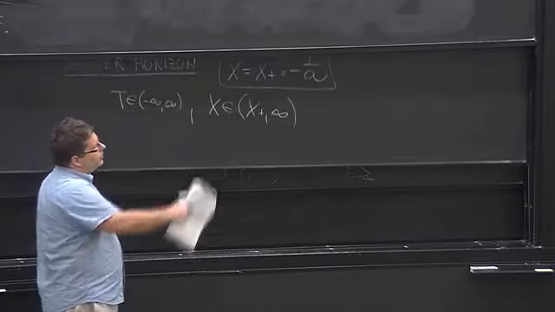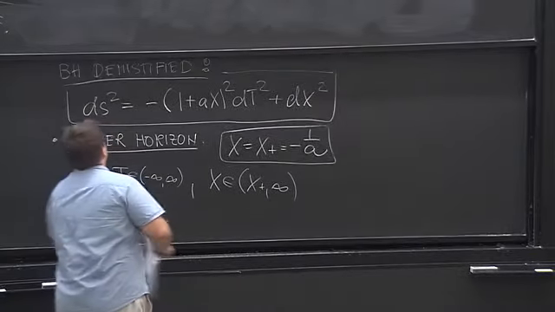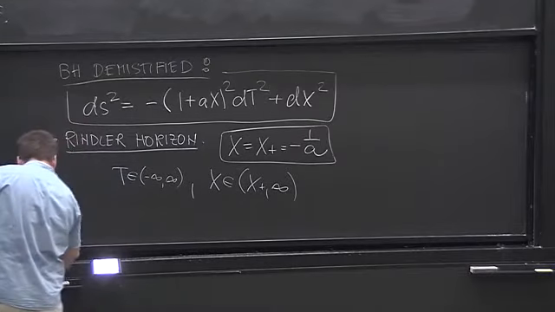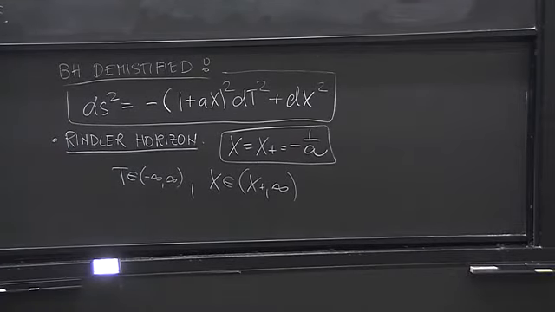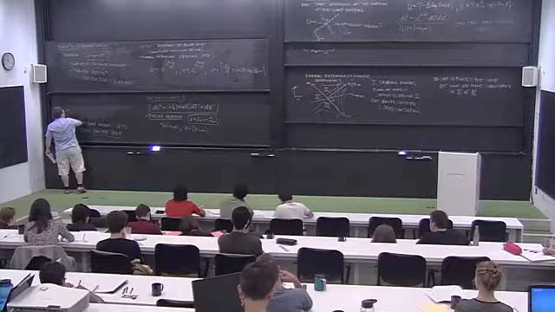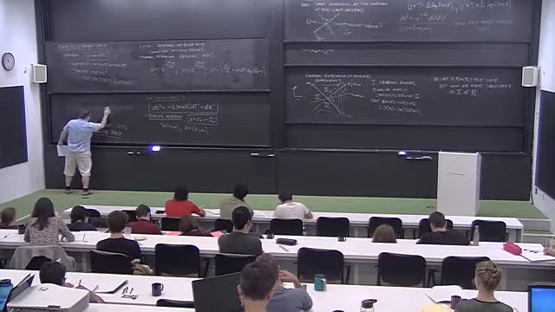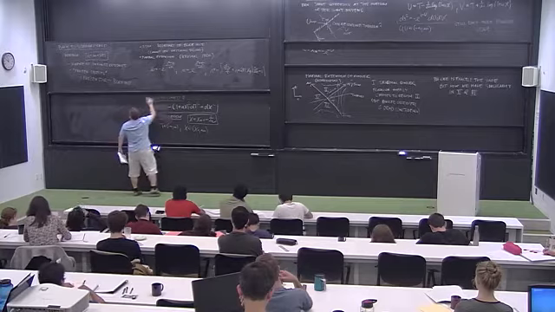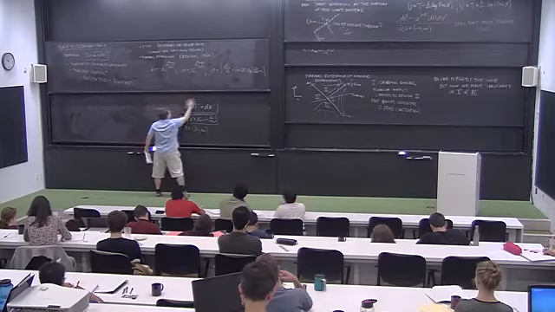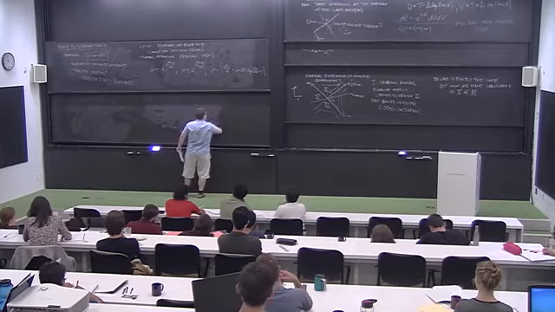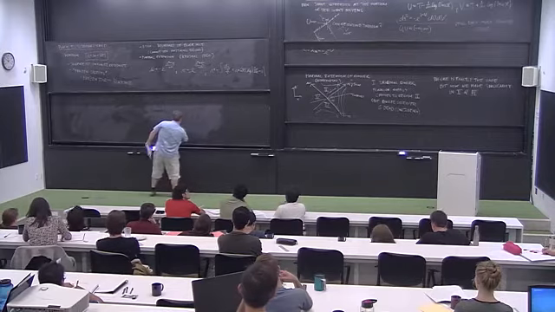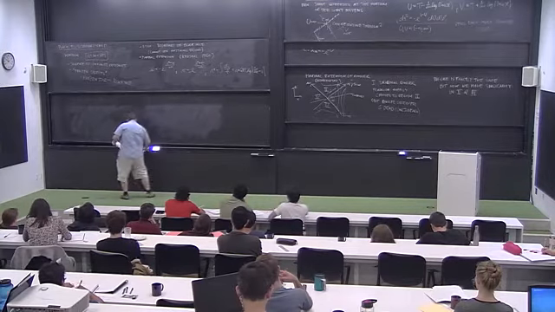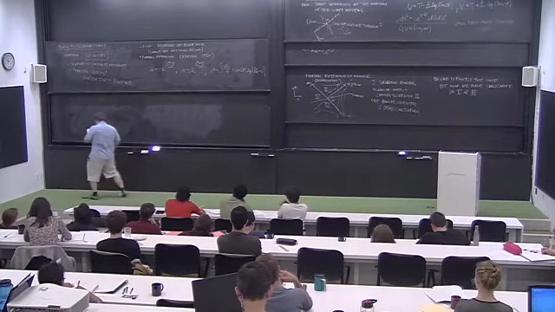And the maximal extension, as I said, looks precisely like this. However, now you have the singularity at r equals 0. So this is what you get.